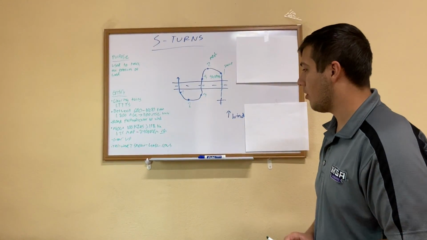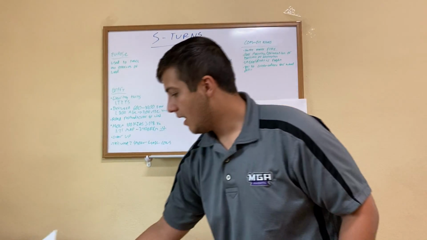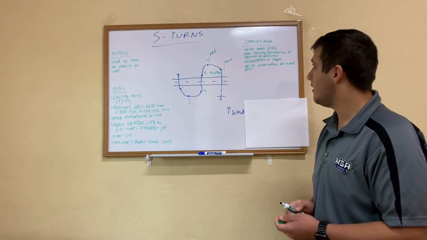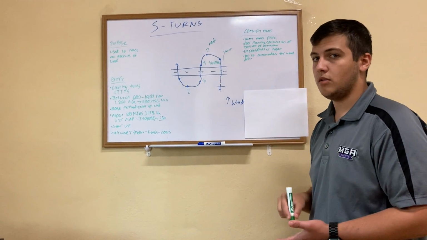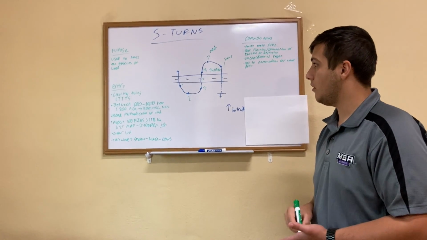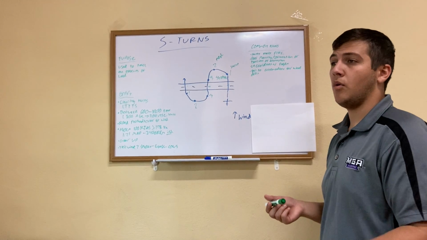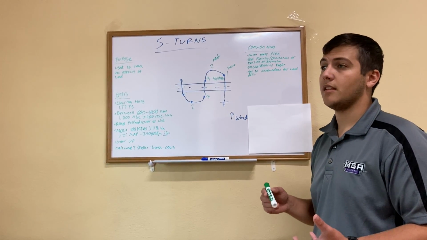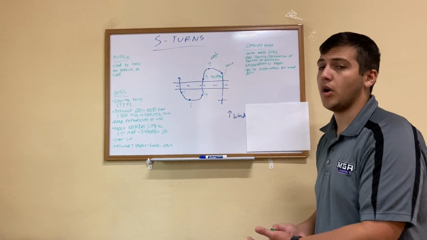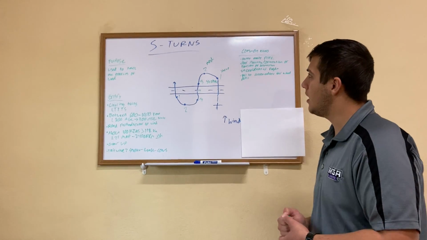Now, the common errors that a lot of pilots demonstrate when doing this maneuver: the first thing is they bring a faulty entry to the maneuver. So they'll either enter with a headwind or a crosswind, or they won't use their reference line as something that's particularly straight, like they may use a curved road or power lines that aren't very straight.